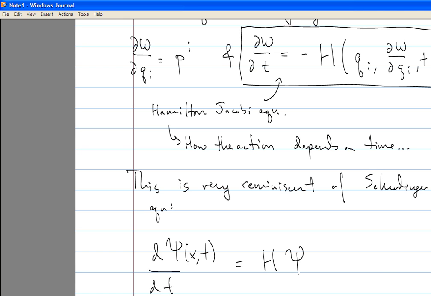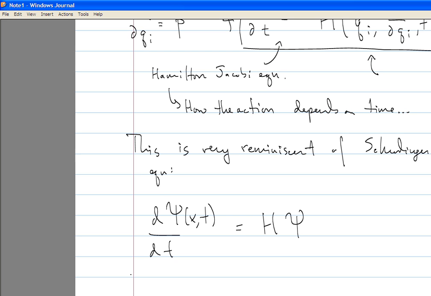And so you can see here that the classical action here is to be regarded as the classical analog of the wave function. W is regarded as the classical analog of the wave function. And the right-hand side of this equation should be regarded as the Hamiltonian acting on W. So W is like a classical wave function.